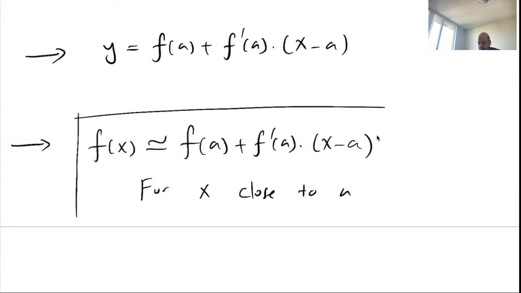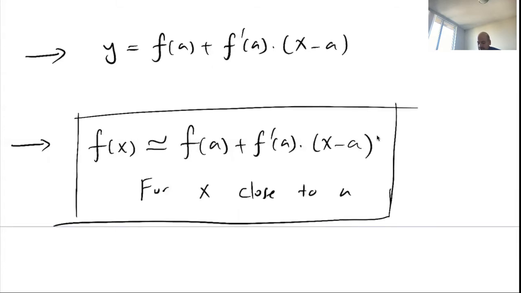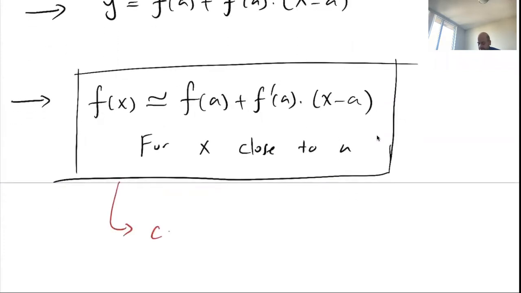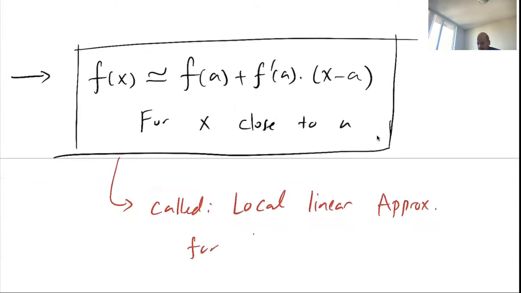This is the formula called local linear approximation for f of x at or around x equals a.